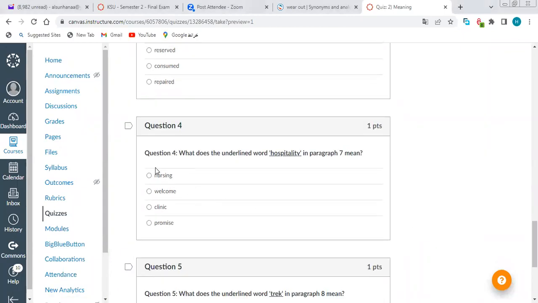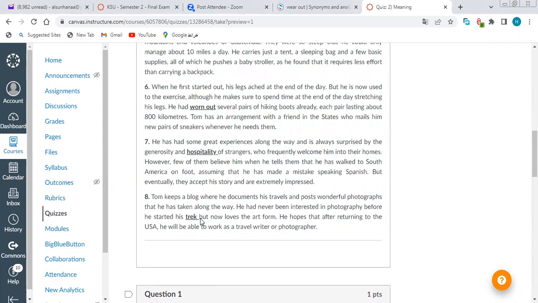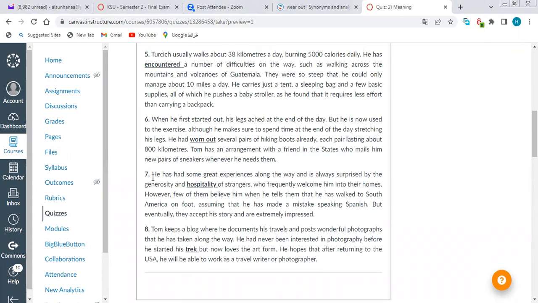4. What does the underlined word hospitality in paragraph 7 mean? Nursing, welcome, clinic, promise. تمريض, ترحيب أو استقبال, clinic عيادة, promise وعد. So here in paragraph 7 it says, he has had some great experiences along the way, and is always surprised by the generosity and hospitality of strangers. So hospitality here means what?